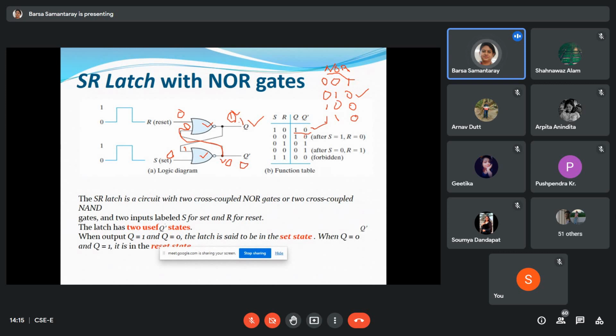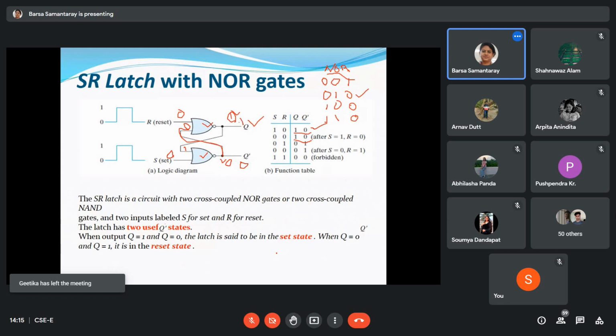Now when the input changes from 1 0 to 0 0, what is the output? 1 0. So if Q was previously 1 and I give input 0 0, then the output remains the same. There is no change.